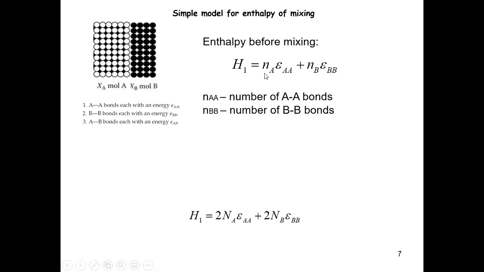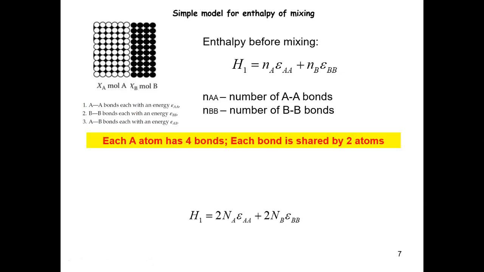Okay, but we're not quite okay with this expression because we want to express this enthalpy for this demixing state not in terms of the number of bonds in the system, although we start with the number of bonds because it's easier for us to count, right? It's easy for us to write down the expression, but the number of bonds is going to change if you change the states, right?